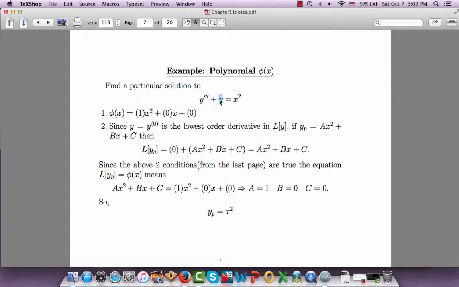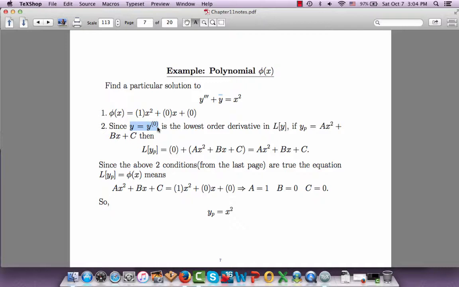But it doesn't matter, it's some lower degree polynomial. If I add a quadratic to a lower degree polynomial, like a linear function or a constant, I'm still going to have a quadratic. And it makes sense that we have two quadratics equal to each other. In this case, the 0th derivative, which is y, is the lowest derivative we see in the equation.